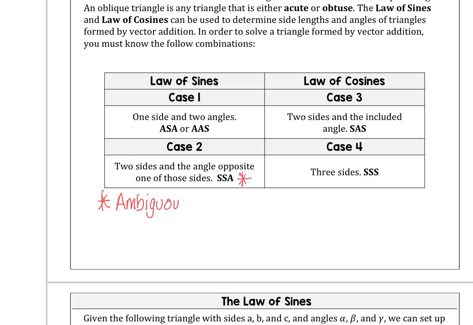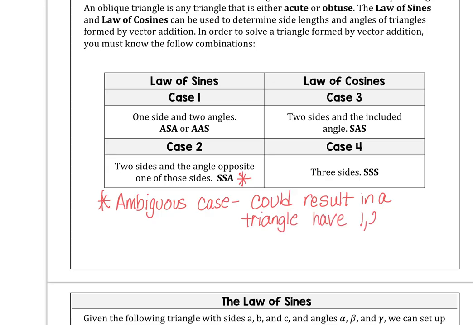And you may remember this from geometry. It could result in a triangle that has one solution, two solutions, or no solution at all, where you can't make a triangle because one side is too short.